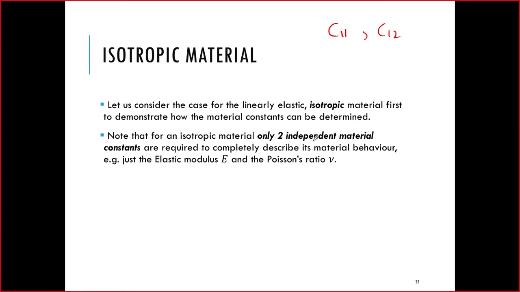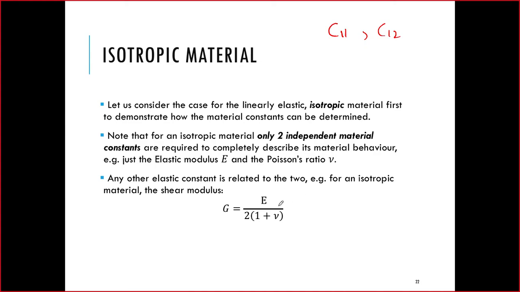For example, the shear modulus for an isotropic material is given like so, right here. Because only two are independent, any third or fourth or fifth you can define in terms of those two.